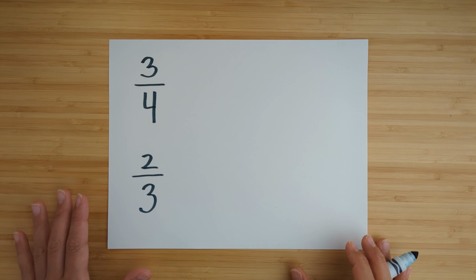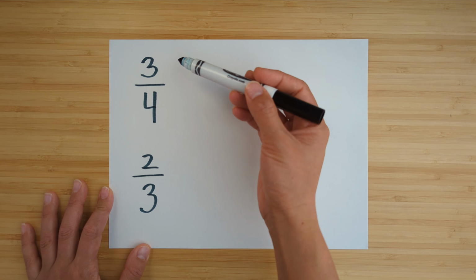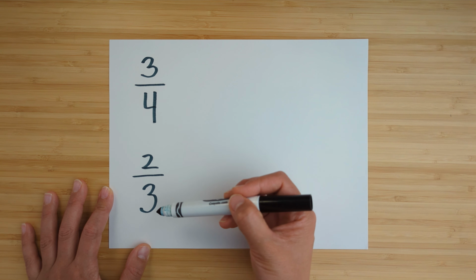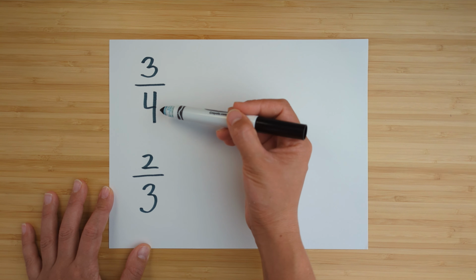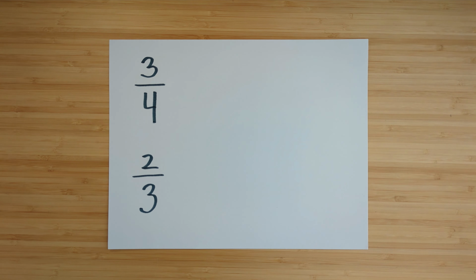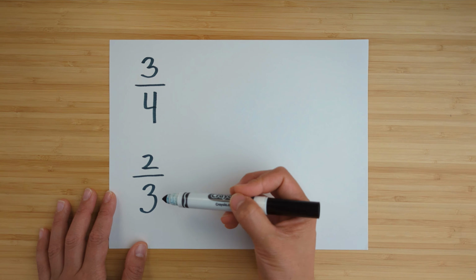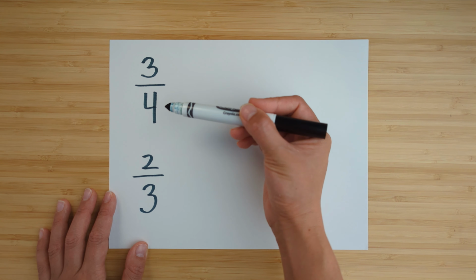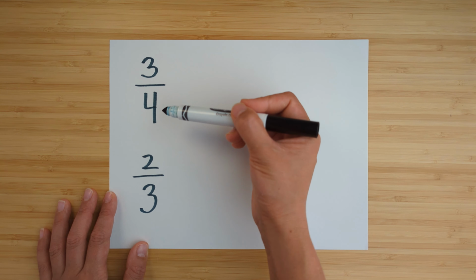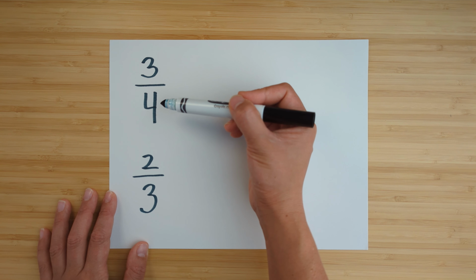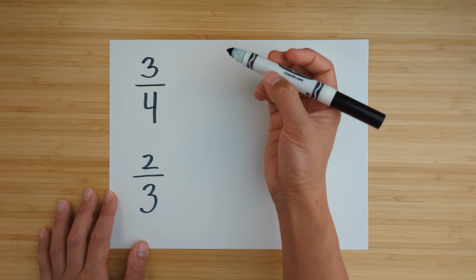All right, let's review. I have 3/4 and 2/3, an even denominator and an odd denominator. If it's an even denominator, just think: what's half of that number?